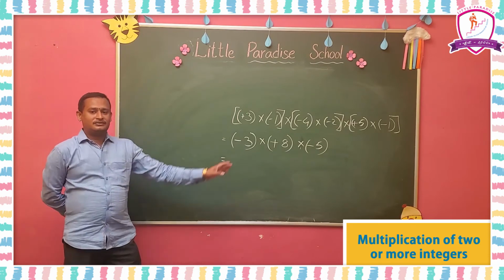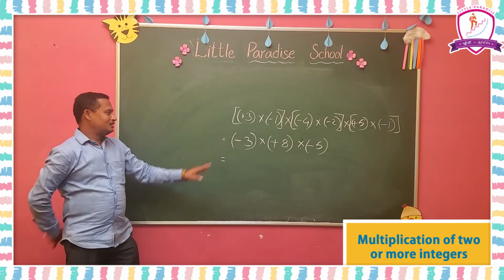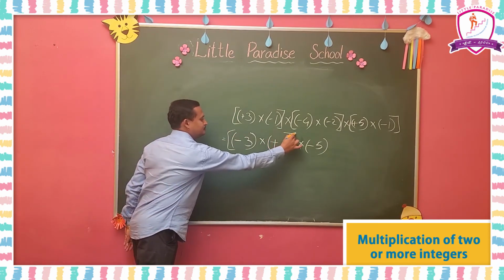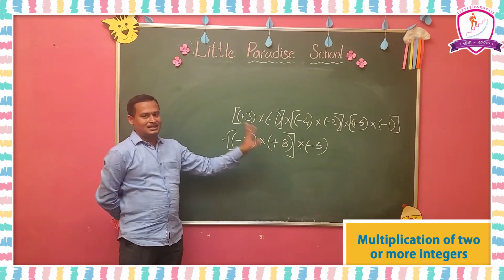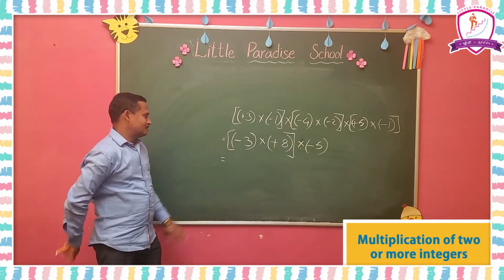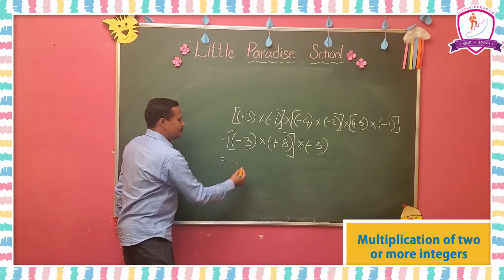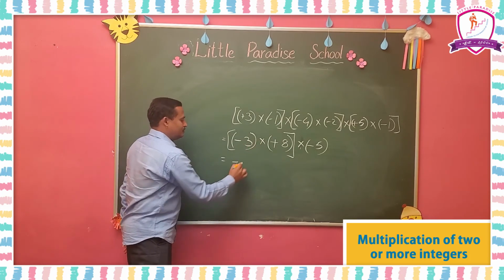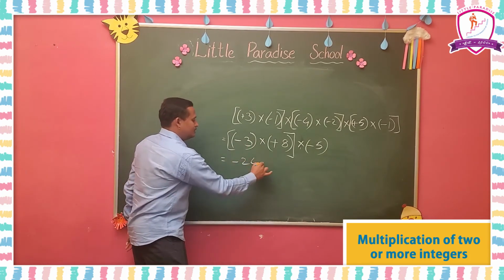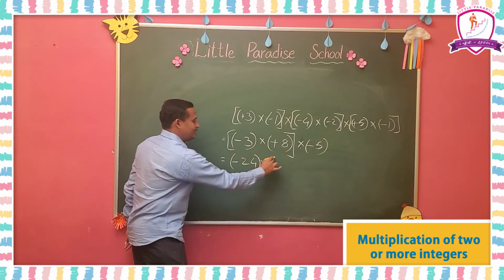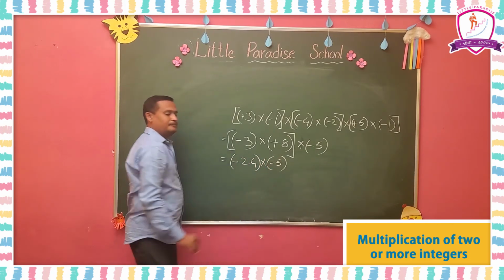Here we got 3 numbers. So again we take 2 numbers as a group, and first we multiply these two numbers: minus into plus is minus, 3 8s are 24, into, so you have to put a bracket, and here it is minus 5.